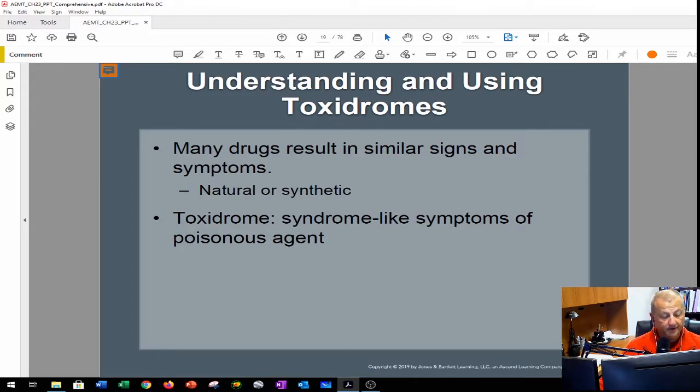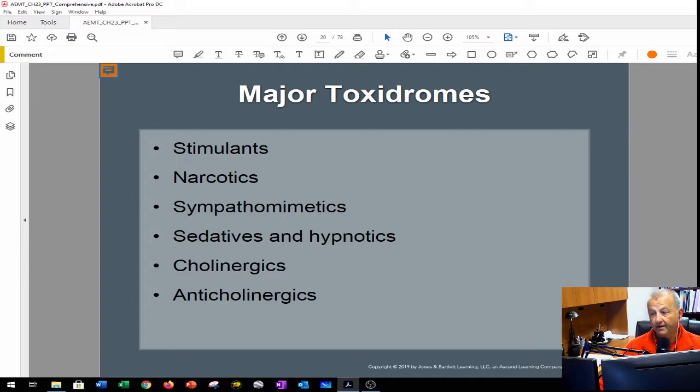Those are all important to know. It's really important to know that the anticholinergics are your parasympathetic blockers like atropine, and certain antihistamines will cause patients to be tachycardic, among other symptoms that are listed in your book. So understand that these patients can be very tachycardic because the parasympathetic nervous system has been blocked.